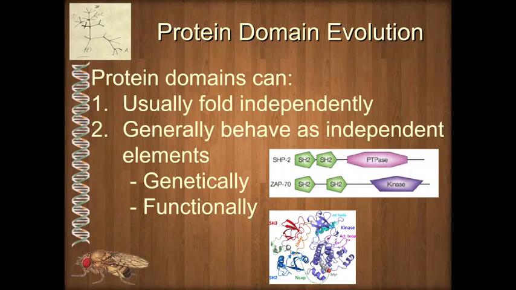So by understanding individual domains and the way that they evolve, the way that those changes impact their own structure and function, and then how that change in structure and function affects the rest of the protein and maybe even domains in other proteins, we begin to synthesize and put it all back together to get a complete understanding.